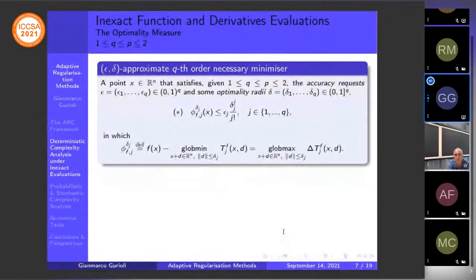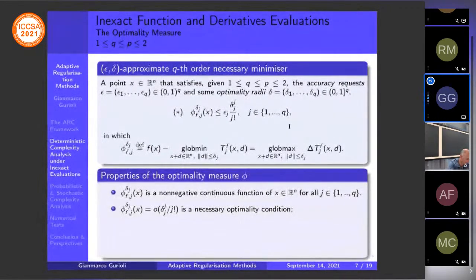Moreover, choosing the optimality order q in {1,...,p}, the epsilon tolerances epsilon j, and some optimality radii delta j, we say that a point x is an epsilon-delta approximate qth order necessary minimizer, whether the optimality measure phi at that point is not bigger than epsilon j times delta j to the j over j factorial for j in {1,...,q}. Basically, it means that no significant decrease in the Taylor series can be obtained within a ball of corresponding radius delta j for j in {1,...,q}.